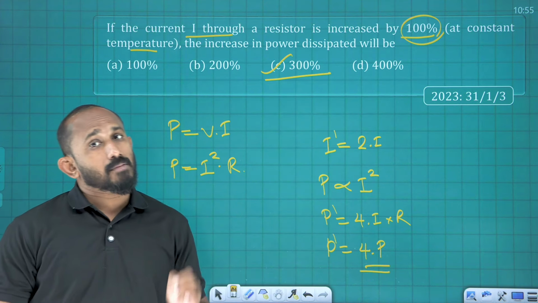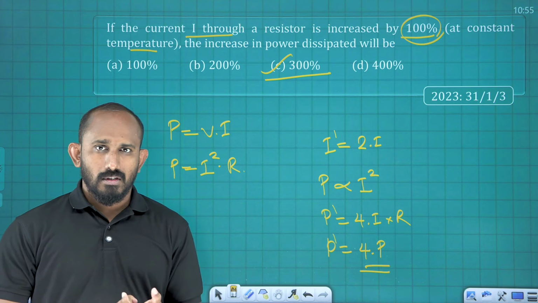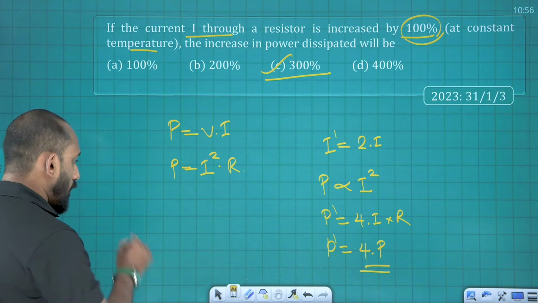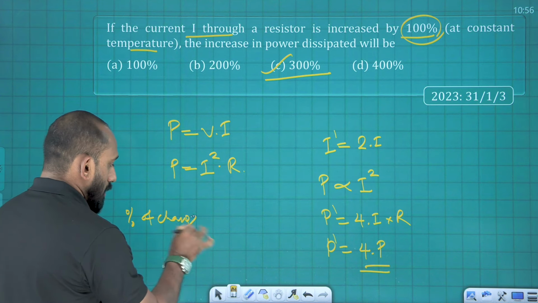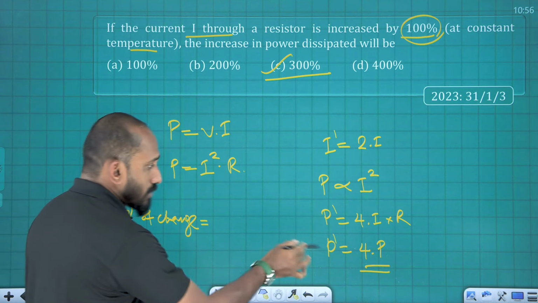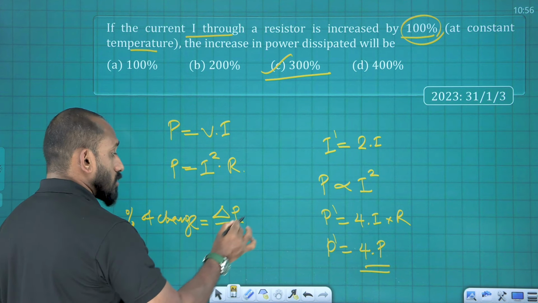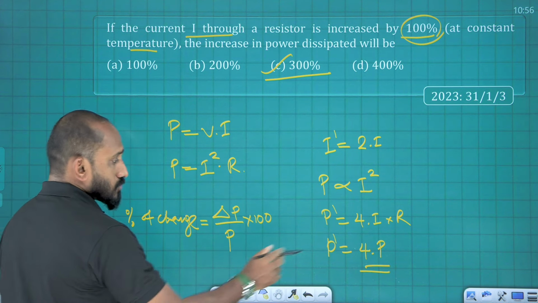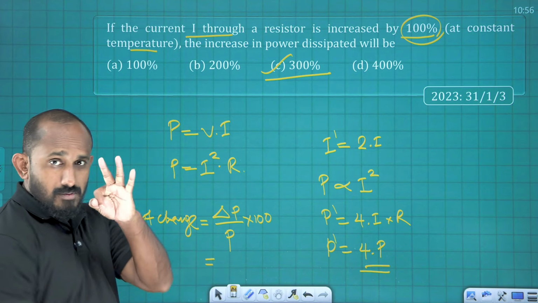In lower classes in mathematics, you might have studied how to find the percentage change. The percentage change will be equal to the change in power divided by the original power, into 100. So how much is the change? 4P minus the original P, so 3 times is the change.